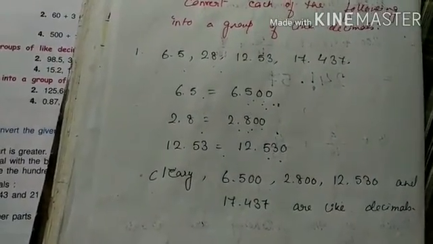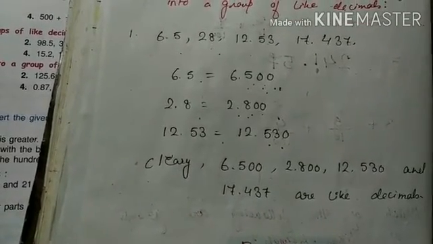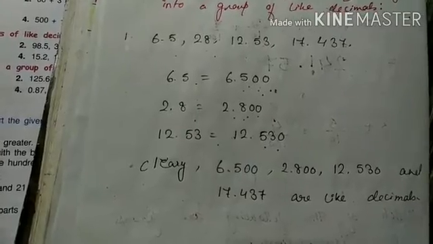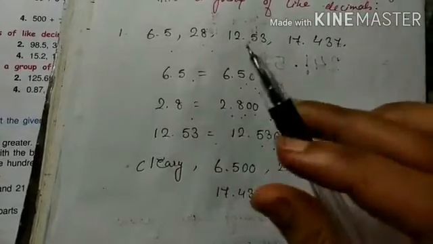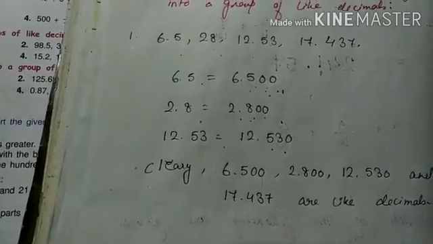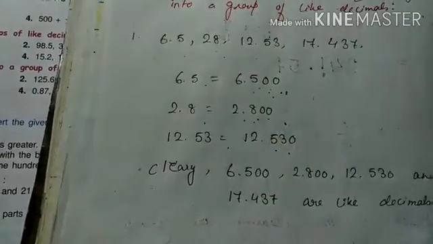Then we convert each number into an equivalent decimal having 3 decimal places by adding one zero or more zeros to the extreme right of the decimal part.